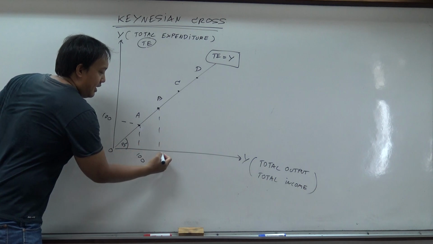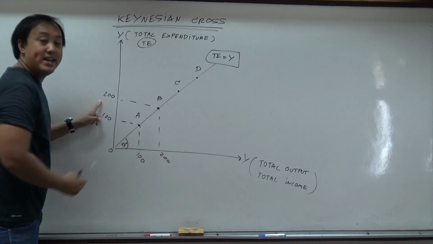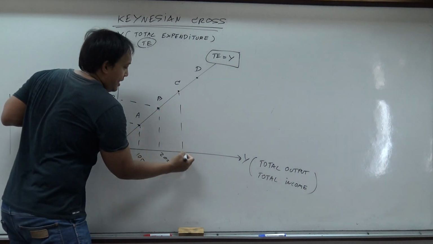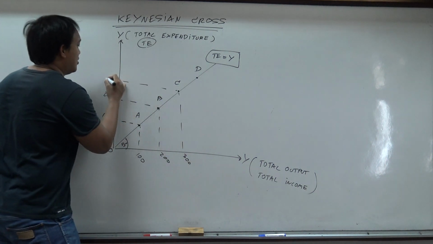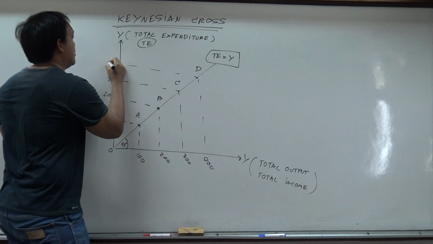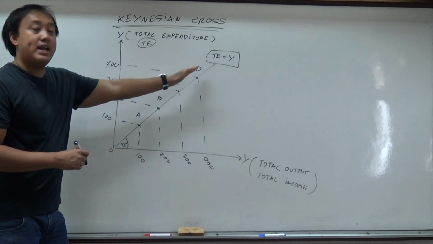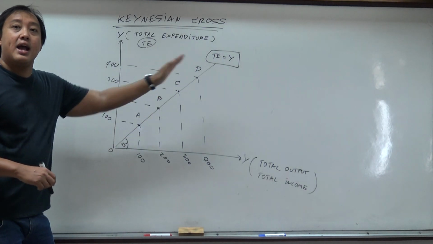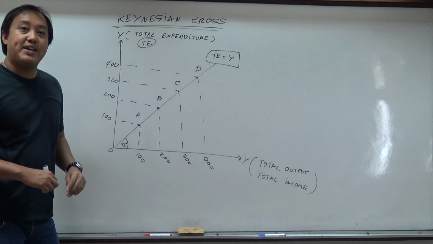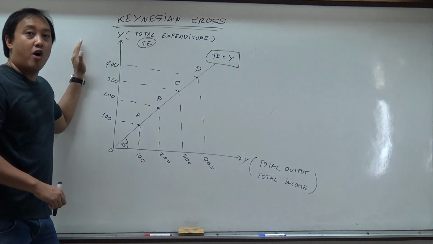Point B, if the horizontal is 200, the vertical is also 200. Point C, if this one is 300, this one is also 300. Point D, if this one is 400, this one is also 400. So on every point of the 45-degree line, the horizontal is always equal to the vertical.